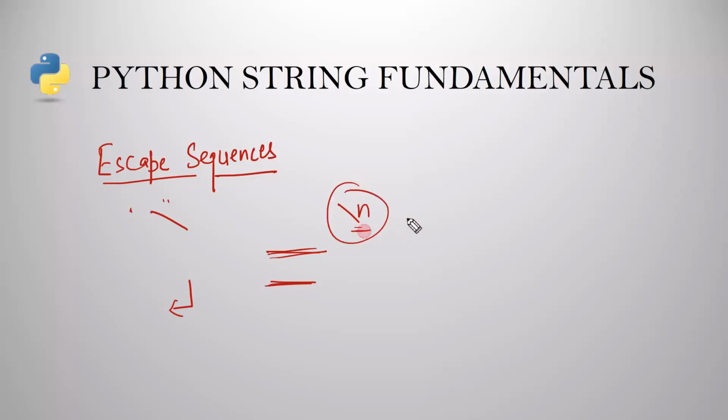Similarly, for the tab, we can use backslash t. So the backslash and one more character following it in the string literal are replaced with a single character. In Python, if you write it like this, both characters are taken as a single character.